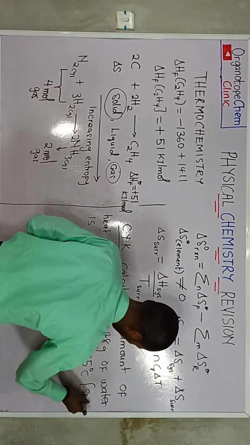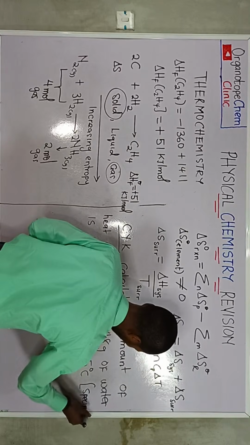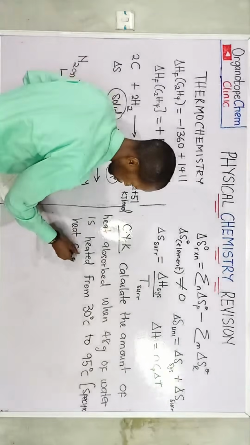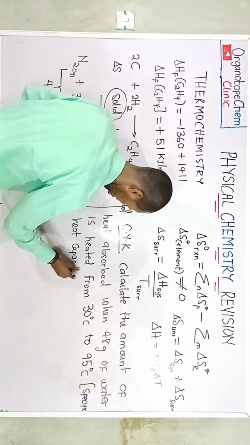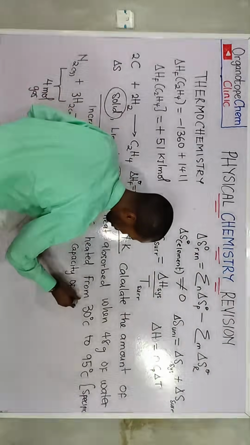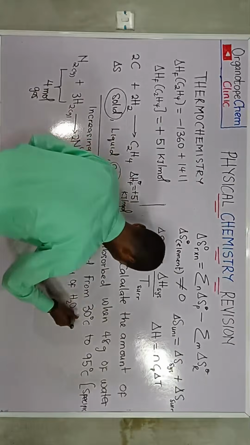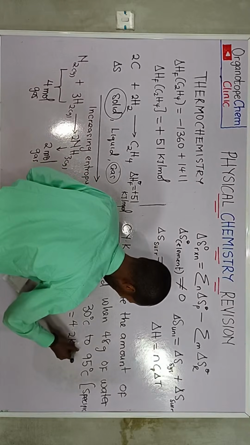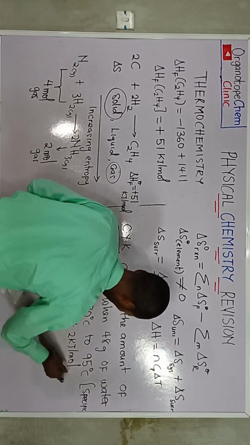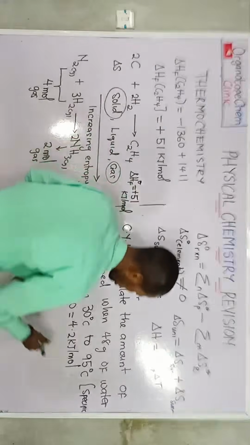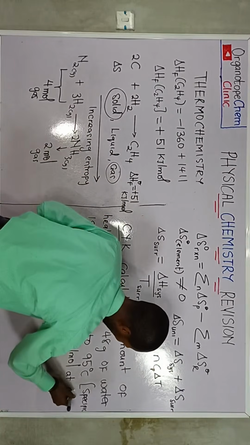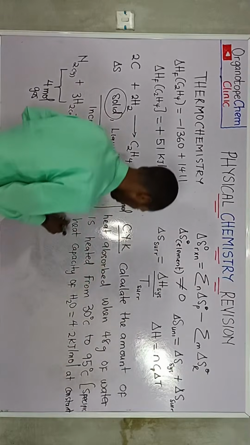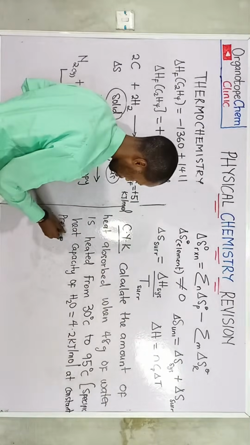Given that specific heat capacity of water is 4.2. That is a constant. Already we know that from secondary school. Kilojoule per mole at constant pressure.